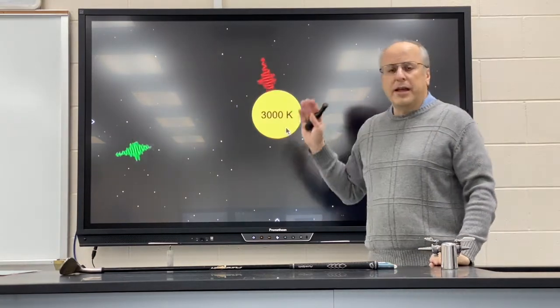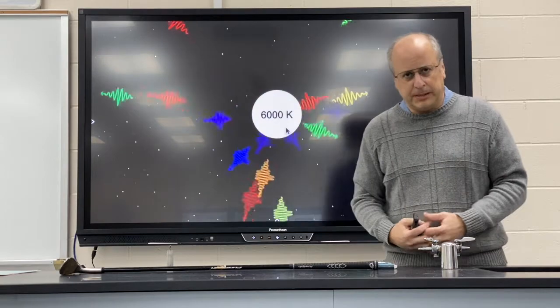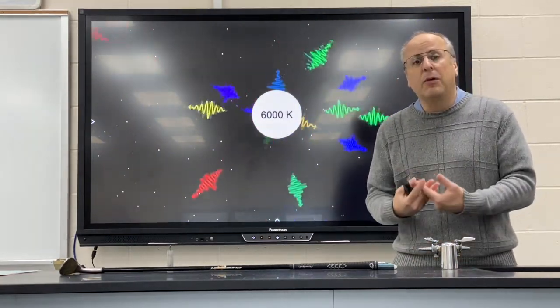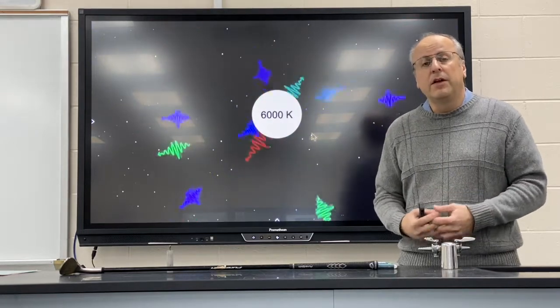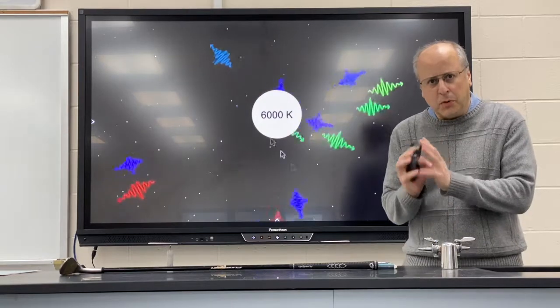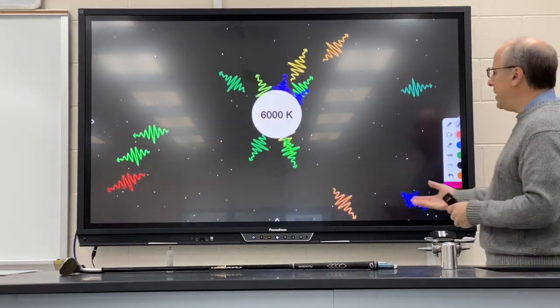We've doubled our temperature. We started at 1500 and we went to 3000. Doubling the temperature causes the total power of the light coming off to go up by 16 times. Okay, so small changes in temperature create a big difference in the amount of light.